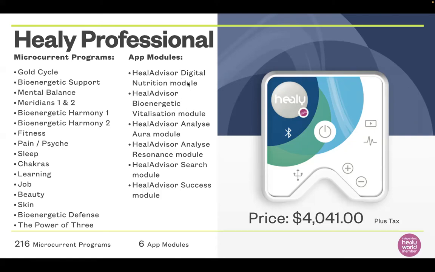Like digital nutrition, you can actually get shopping lists of different foods that would be helpful in that area. The ARA module we talked about, the resonance module we played with, the search module we tried, the success coach module we've talked about, but we didn't get into all of that and show it. But that's $4,000 to have all of that.